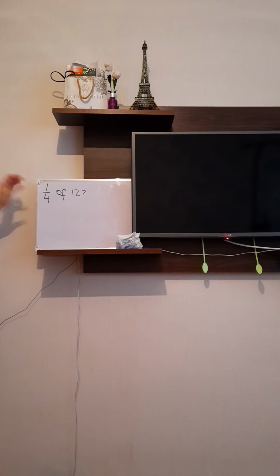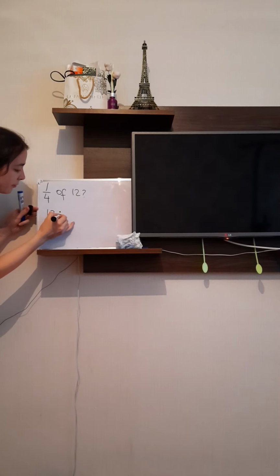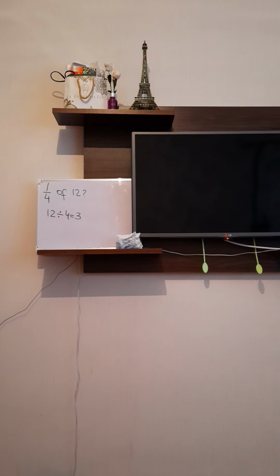Here, we need to divide our number by 4. 12 divided by 4 is going to be 3. It means we need to divide into 4 equal groups. If we have 12 apples and 4 groups of children, how many apples will each group get? Of course, they will get 3 apples.